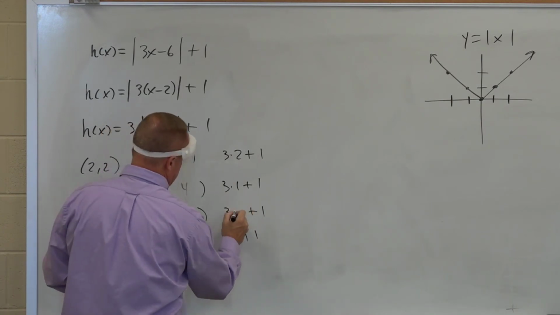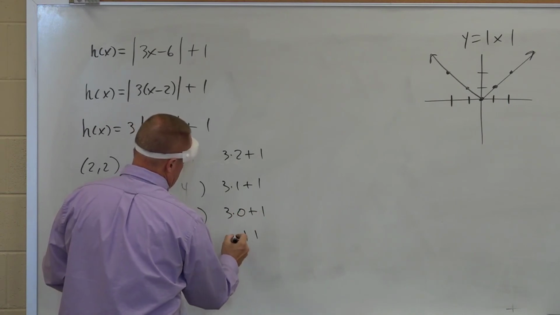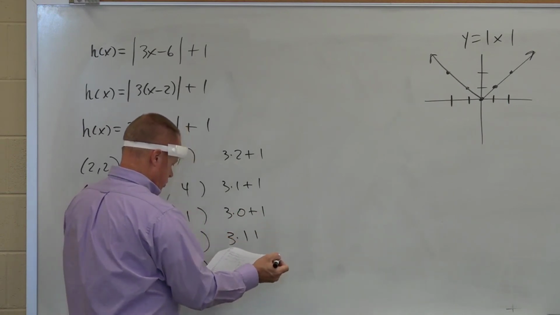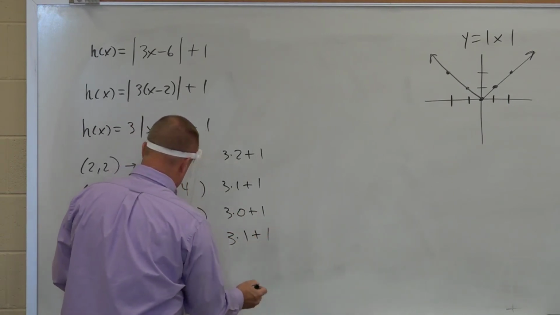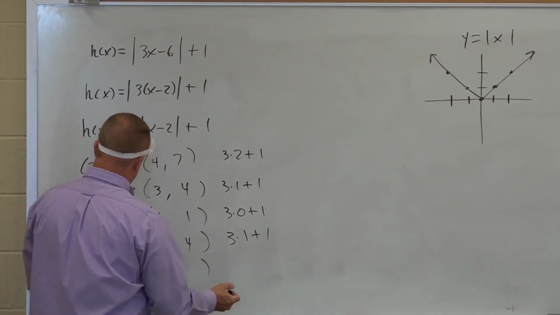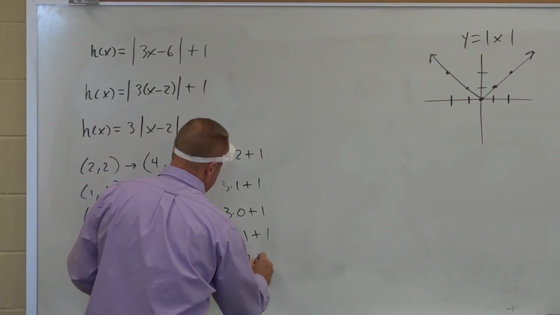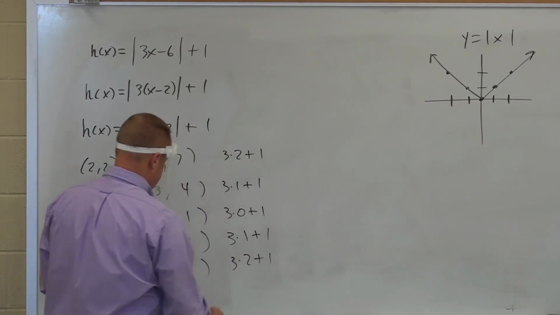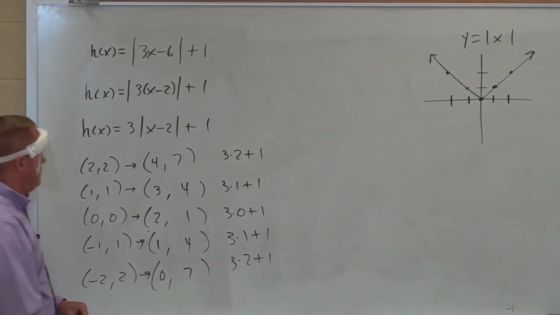3 times 1 plus 1 would be back to 4. And then the same thing there: 3 times 2 plus 1 brings us back to 7. So that would be my points.